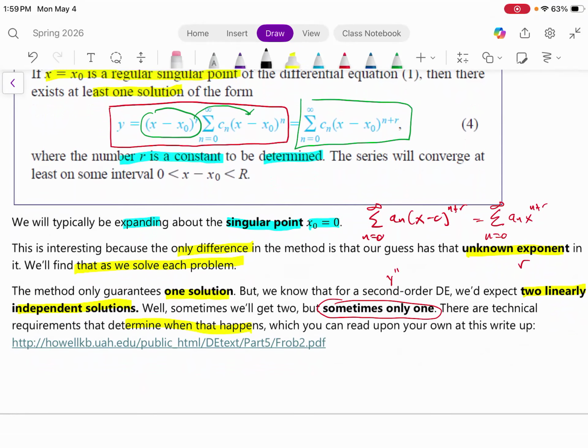So yeah, we're going to get two solutions like y equals C1 times some power series plus C2 times some, I guess I could write y1, C1 y1 plus C2 y2, where y1 and y2 are power series.